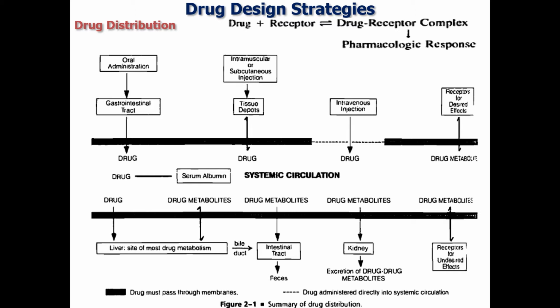The interaction of drug with the receptor usually is a reversible process. You see there is an arrow going and coming back to form the complex. That means the drug can bind to the receptor to give the complex. At the same time, the drug can dissociate from the receptor, releasing the free drug.